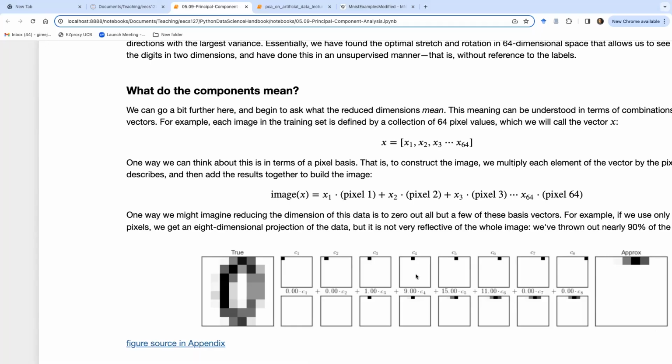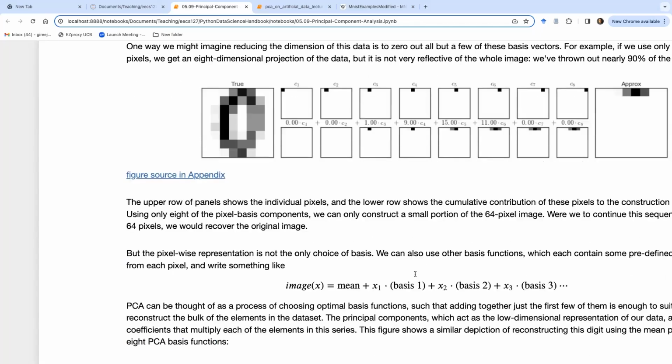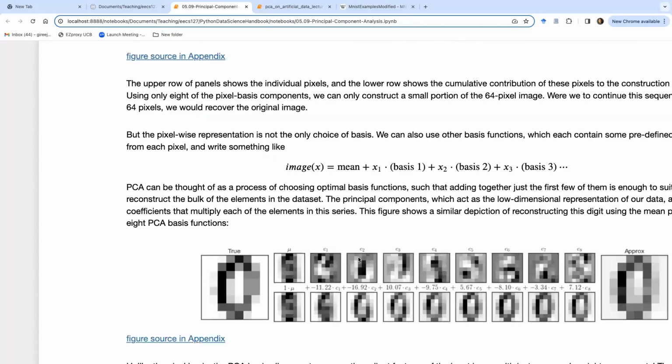Right? Okay. But now, instead, what if I chose the first 8 principal components? Okay? So if I do the principal components analysis, I get the first 8 principal components. And so I choose to project along this first dimension plus the second dimension, third dimension, and I take all of these dot products.